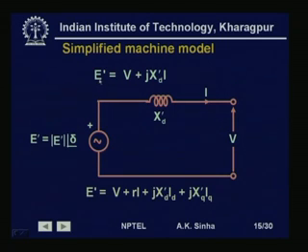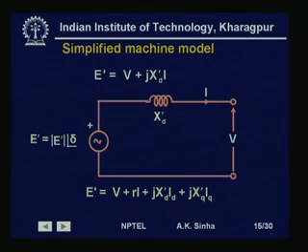Then we have the internal voltage E dash is equal to V plus J x d dash into I. Normally, when we are working on stability analysis, since we are talking in terms of transient small periods in which we are talking about the dynamics of the rotor of the machine, we are using the transient reactance of the machine.